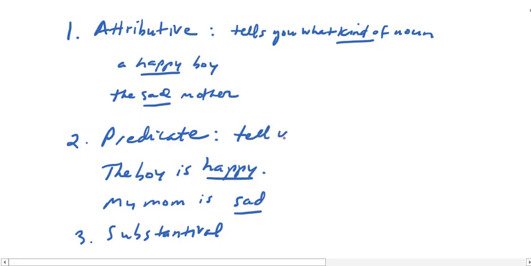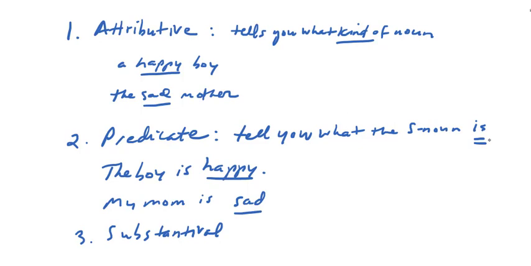Predicate adjectives tell you what the subject noun, so S stands for subject noun, is. Okay? So the boy is happy. My mom is sad. This isn't telling you, the adjective sad isn't telling you what kind of mom I'm talking about, right? Rather, it's telling you what my mom is. Those are predicate adjectives.